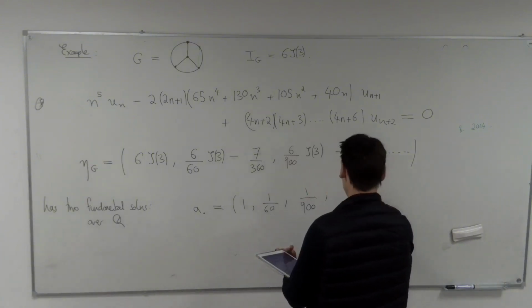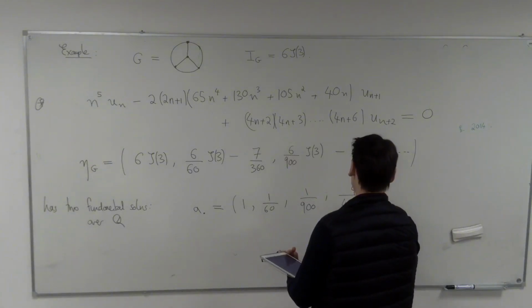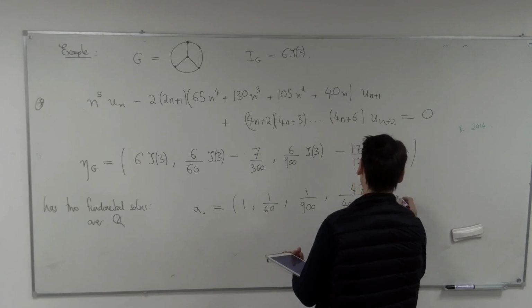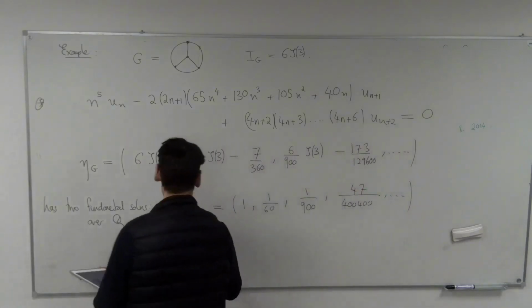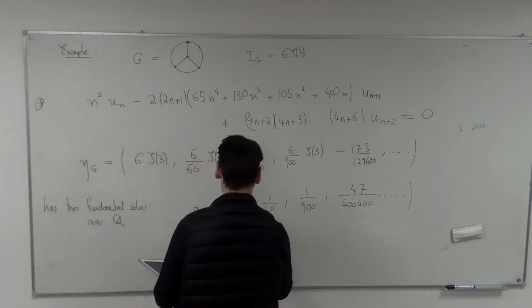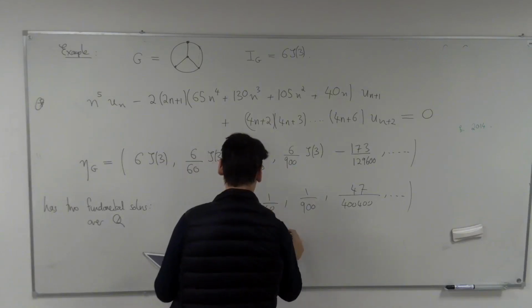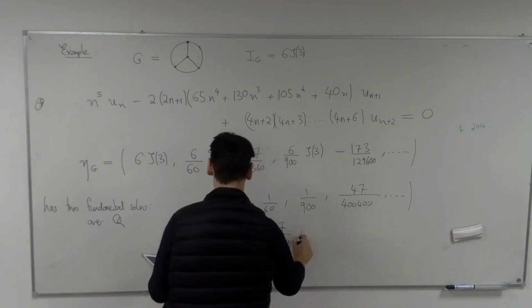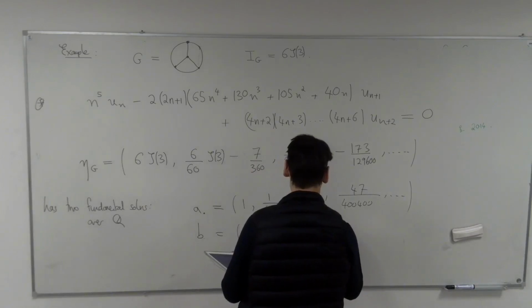The next one is 47, 400, 400. And then the B solutions are the constant terms, 0, minus 7,360, minus 173.